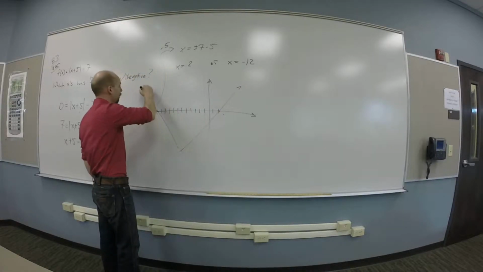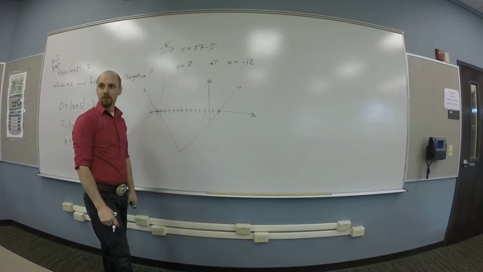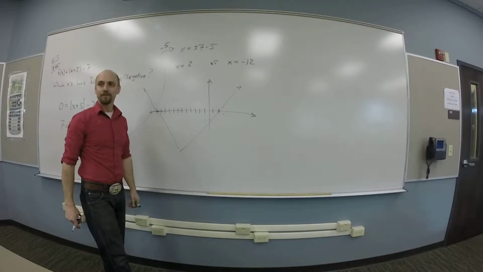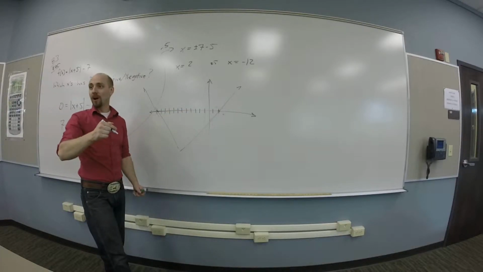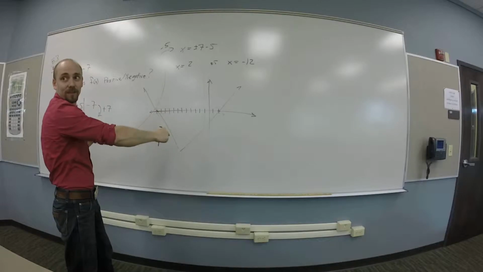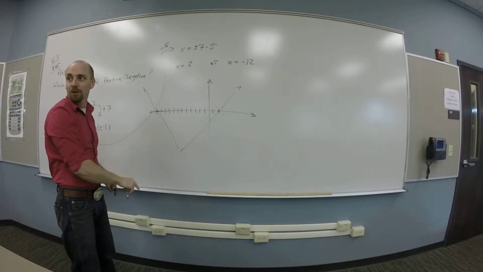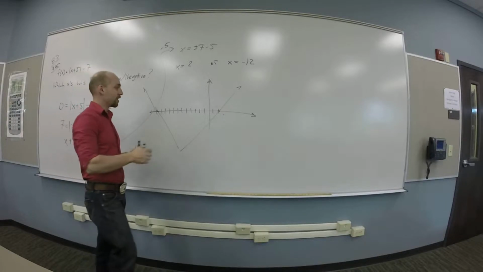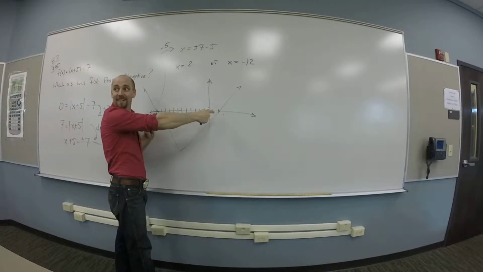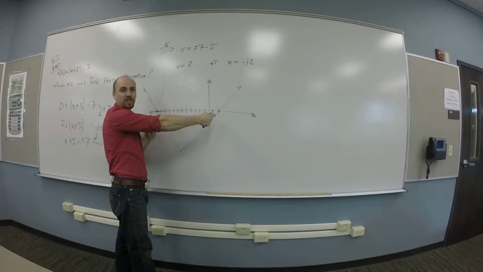I don't really know how far down that goes. We could figure it out by making a chart, or by going over 1, down 1, over 1, down 1 until we met in the middle. Or we could figure out how far apart these are. They're 14 apart.